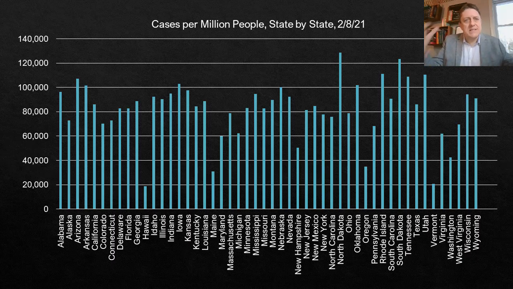Why are some states having huge flare-ups of COVID-19, while other states are not? It's a reasonable question, and it's an important question, because this is a disease that is pretty soon going to have killed 500,000 people in this country, 500,000 people, which is, we're already far exceeding the deaths in World War II.